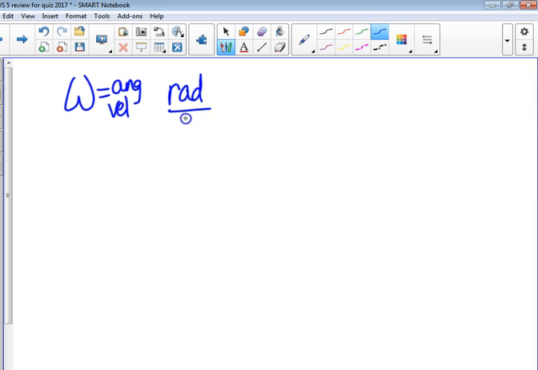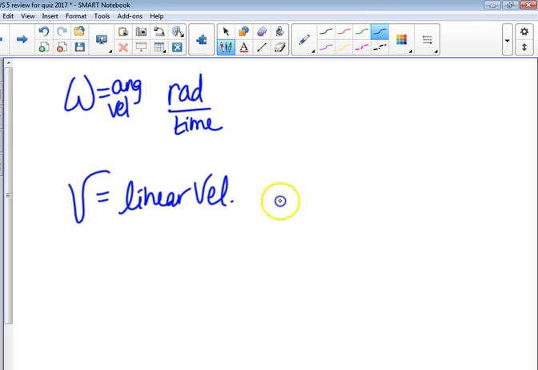Once you have radians per time, we're good, unless it specified a kind of time you had to have. Linear velocity, it's a Greek letter, kind of a funny v. But the formula is angular velocity times radius, okay? And then you will have a distance per time. Does this all sound familiar?